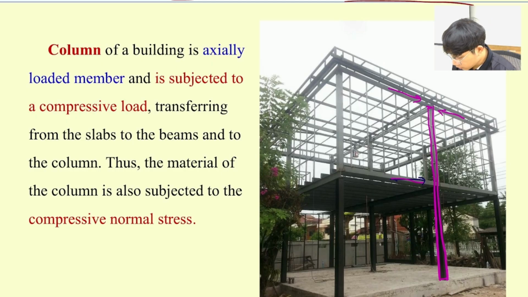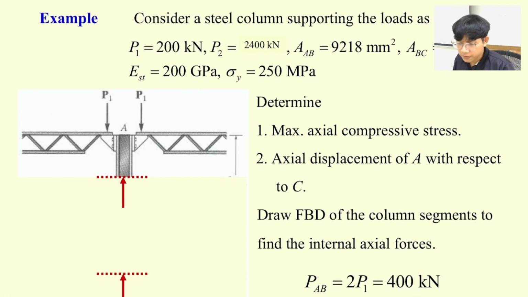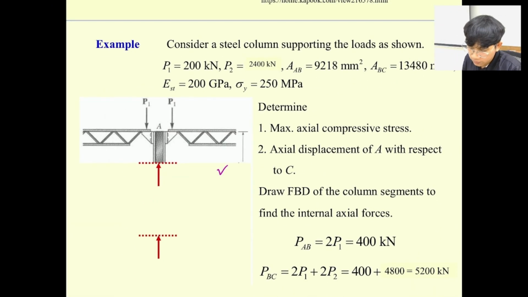Basically, it's supposed to be from three sides, but for example, if we neglect it, after we know the problem statement, we just convert it into a free body diagram as shown in the bottom over here.